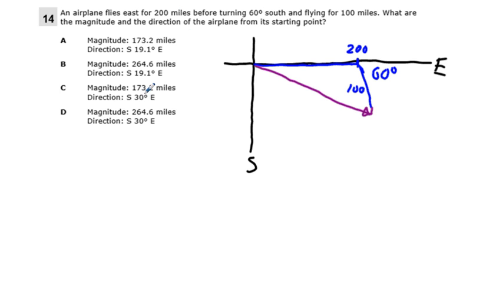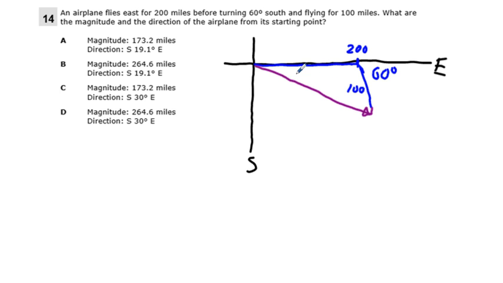If it were like the other problem, it would be south and then 30 degrees that way, which is not too possible. So I think it has to be this one by process of elimination right here.